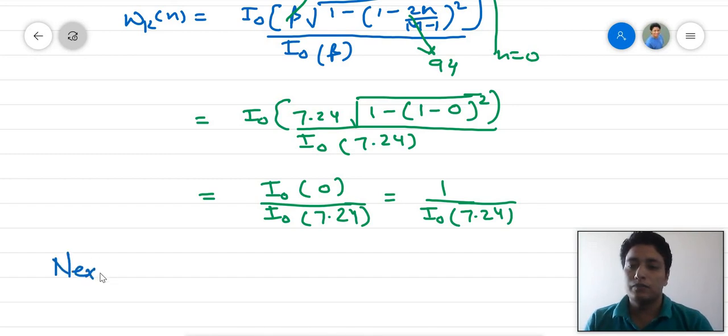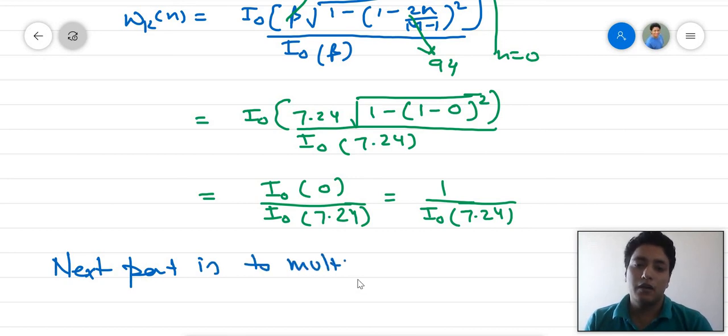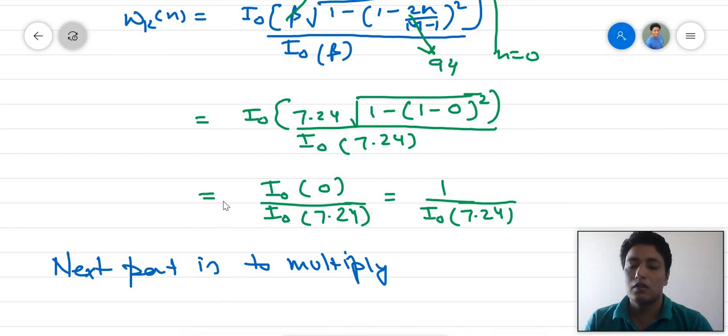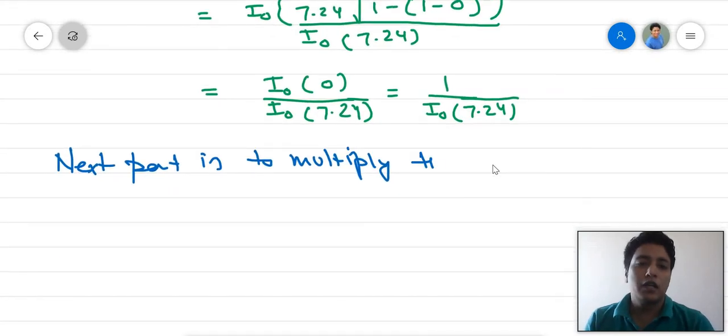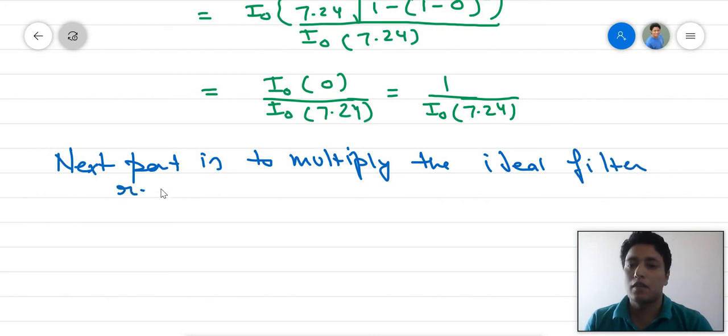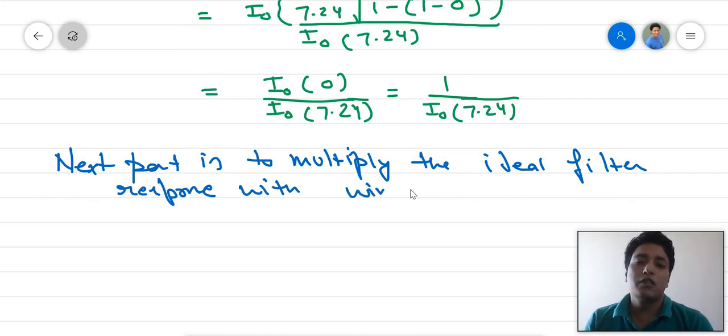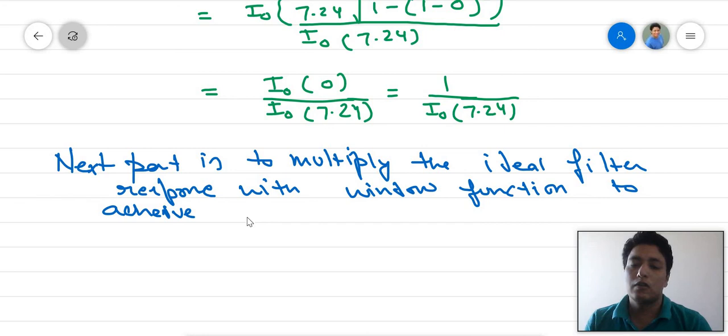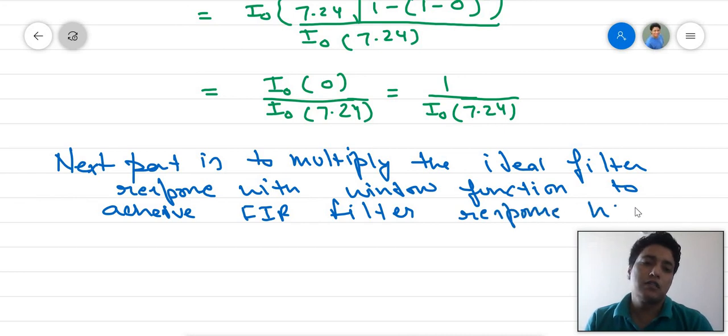Next part is to multiply the ideal filter response with window function to achieve FIR filter response, that is h[n].